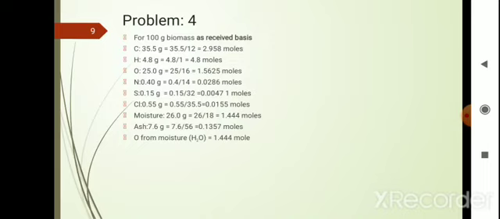And if you want to convert this H2O again into hydrogen and oxygen, the H2O we have obtained is 1.444 moles. So oxygen will be 1.44 mole, and hydrogen moles will be 2 into 1.44, that is 2.88 moles. This is the number of moles of H and O contributed from the moisture.